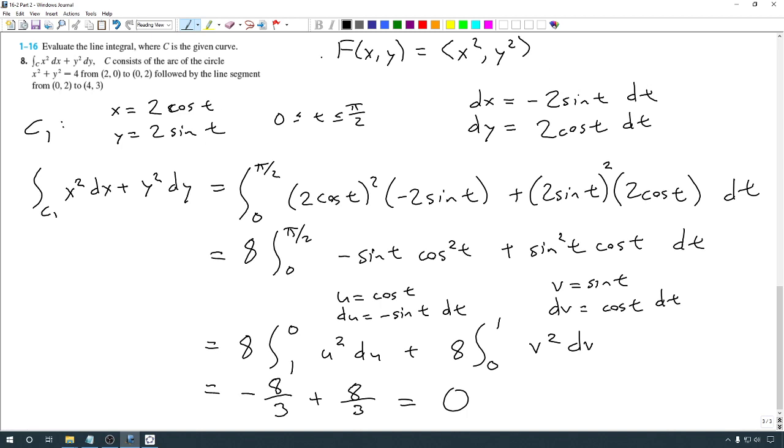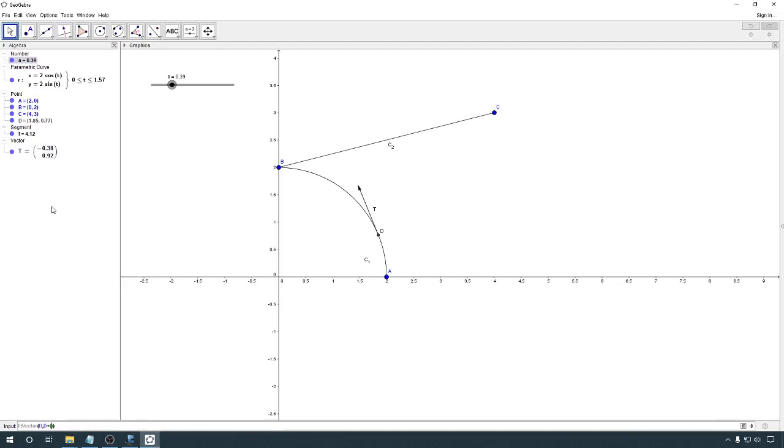So at these points, what we're actually seeing is the square of 2 cosine of a and the square of 2 sine of a.